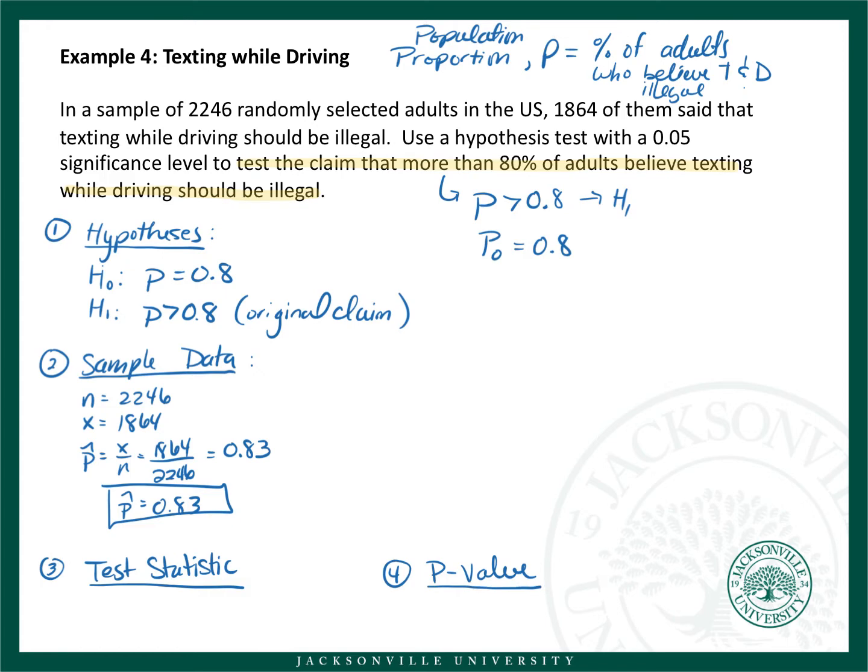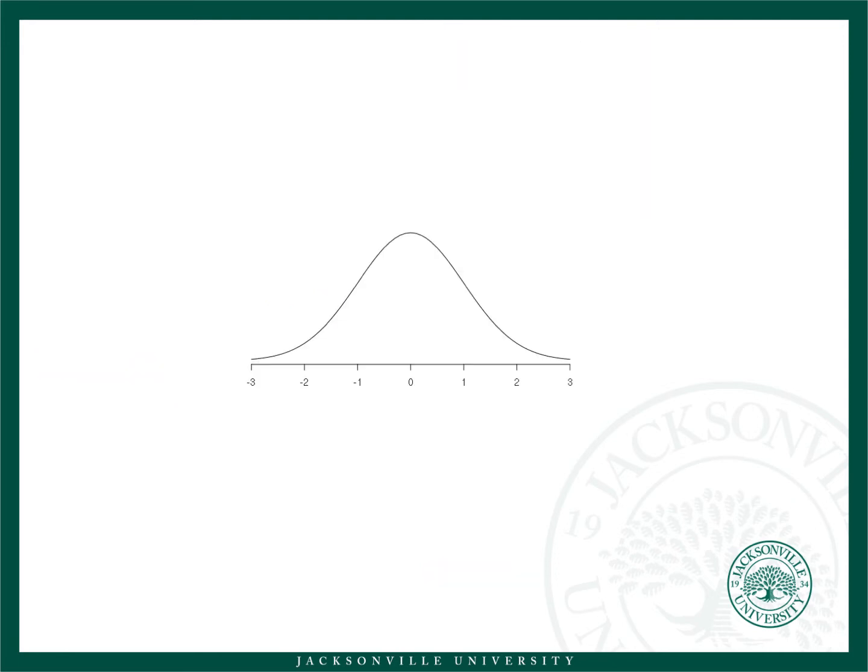So you can either use your calculator to calculate the test statistic and p-value, or you can use the formulas. And let's take a look at the formula, okay? So to get your test statistic, if you're using the formula, that's a z-score.